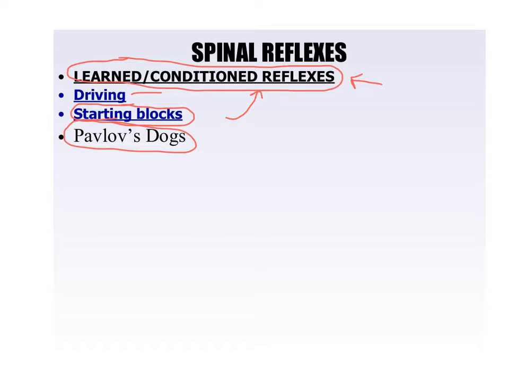So what Pavlov did was, he rang a bell and then he'd present them with food. That would cause the dog to salivate. Well, eventually the dogs would salivate even without the food. They would salivate just from the ring of the bell. Also boxers. Boxers are able to dodge punches basically without even thinking about it because those are conditioned reflexes.